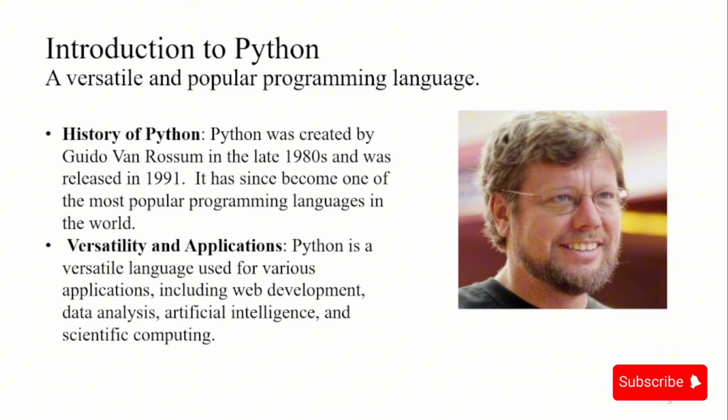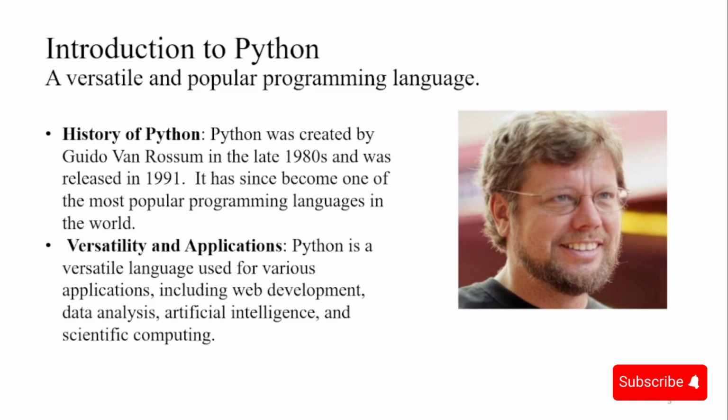Mostly this language is used in different fields. It's used in web development, game development, and software development. It can be used in artificial intelligence, machine learning, and also in data analytics and applications. So that is some of the areas where this language can be used.